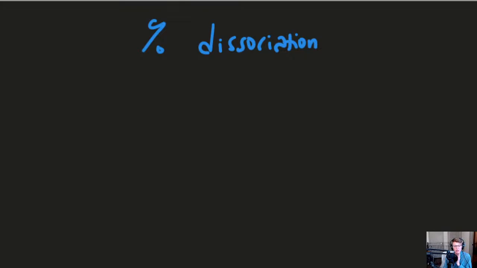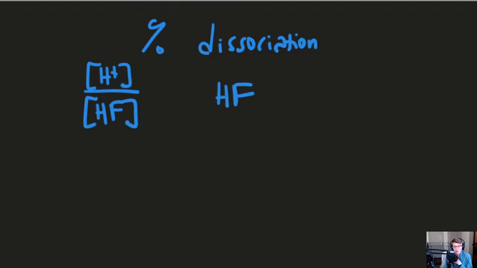So what I'm thinking of is, in this instance, the actual H plus concentration over the possible H plus concentration. The possible H plus concentration in this case is probably the exact same as HF, because if we think about what's happening here, HF could dissociate into two pieces, an F minus as well as an H plus.